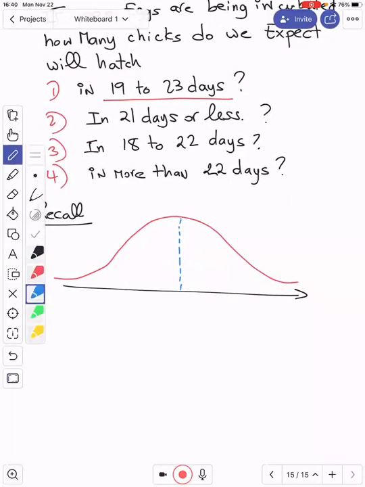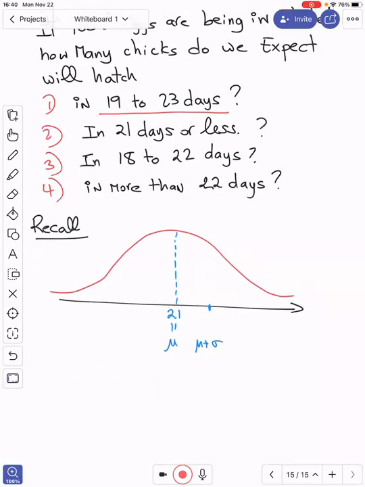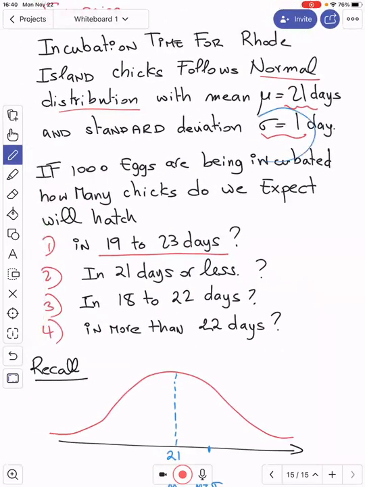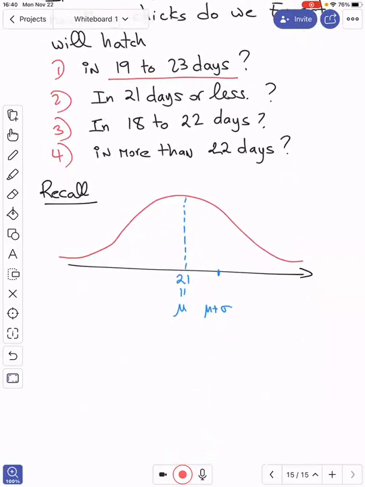Thank you. So here's 21 days. That's my mean. Then you have the mean plus 1 standard deviation. Sigma is 1, so mu plus sigma, 21 plus 1, will be 22. And then we have 23, which is mu plus 2 sigma, etc.